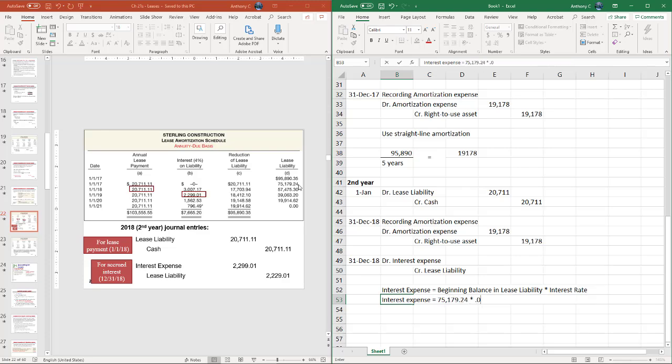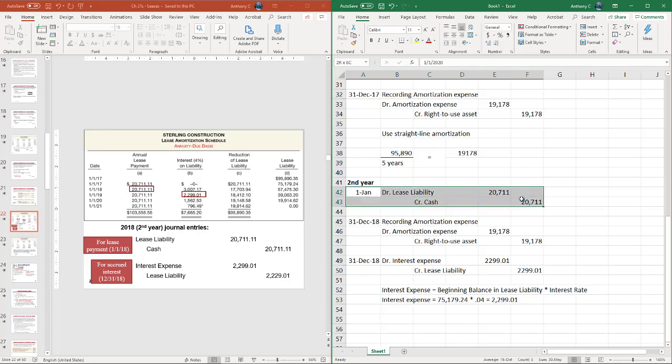We'll multiply that by the interest rate, and we'll get out to 229.01. Right, so we'll debit interest expense, credit lease liability for that 229.01.